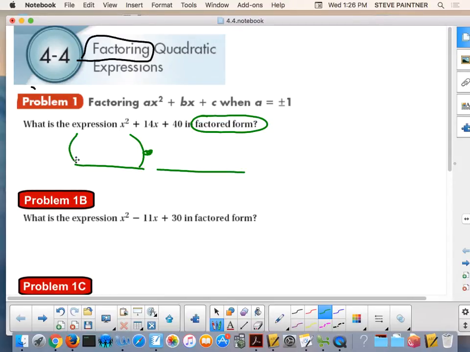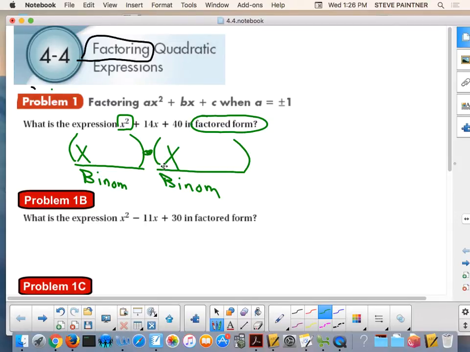Typically, you get 2 binomials, right? Okay, so now, if that's what you're typically going to get, let's get started. First term times first term must give me the first term x squared. What's it going to be? x times x. If you FOILed it, that's what you get, x squared.